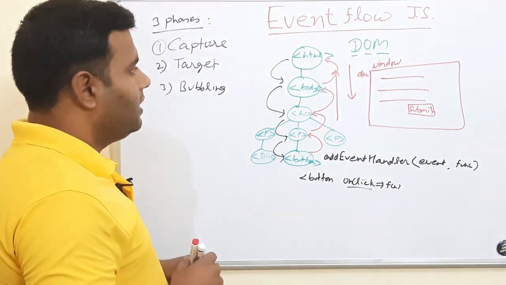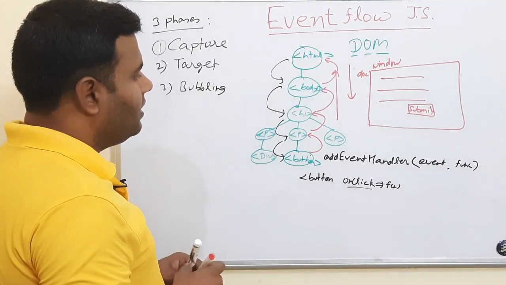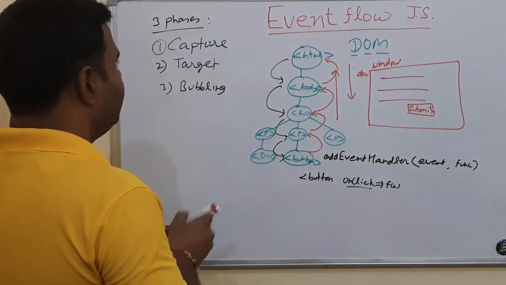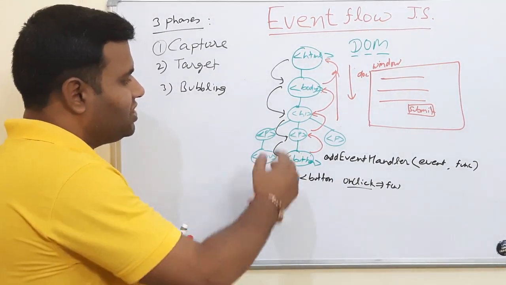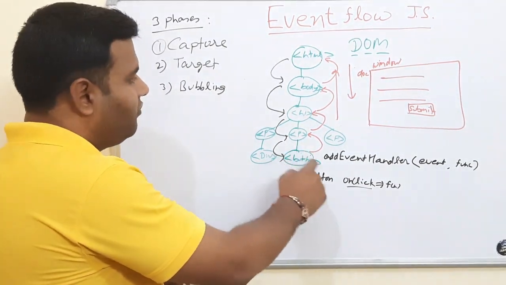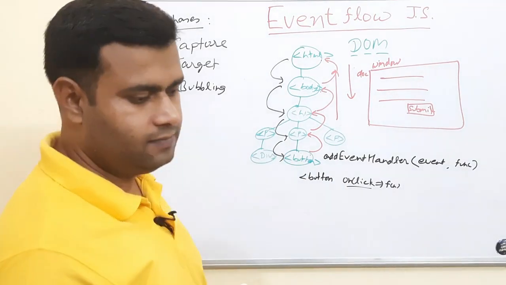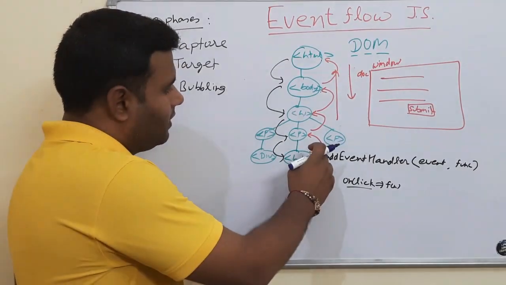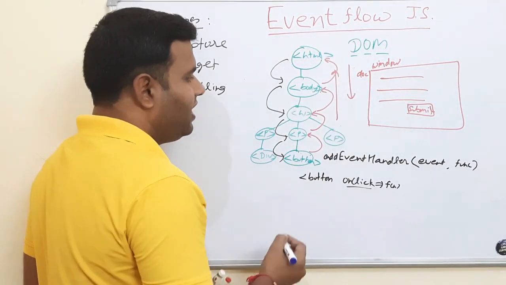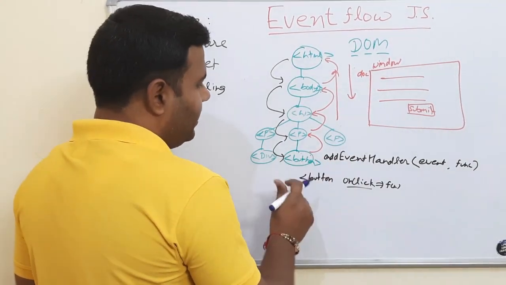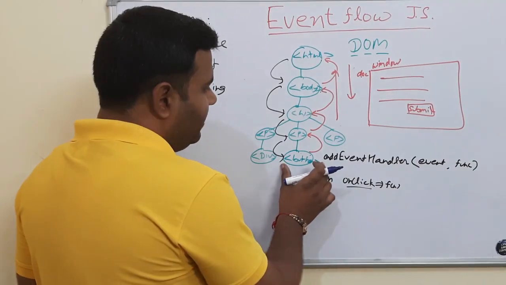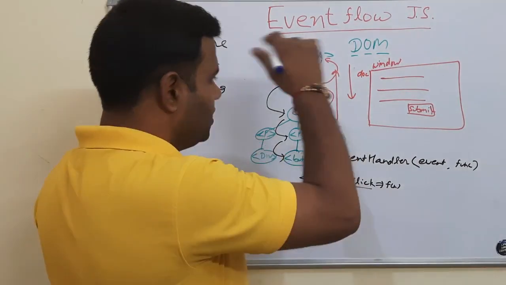But now let's say we have a target, right? At this point of time, we want to restrict that event should not flow to the parent element. So as we were saying, if we want to restrict this event, in that particular event handler, for example this button event handler, we have to call stopPropagation.